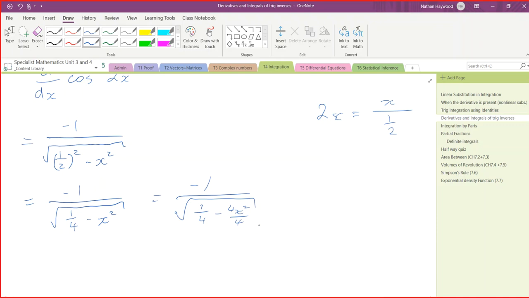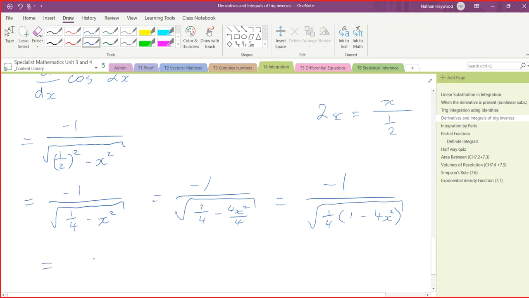The reason I did this is because I am going to be able to factorize. And the reason I am factorizing is because this is a squared number, so I'm going to be able to bring that outside of the square root.